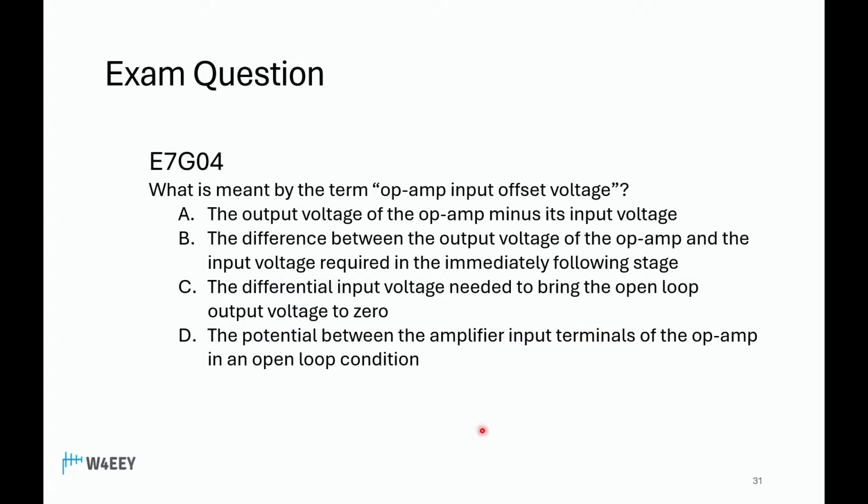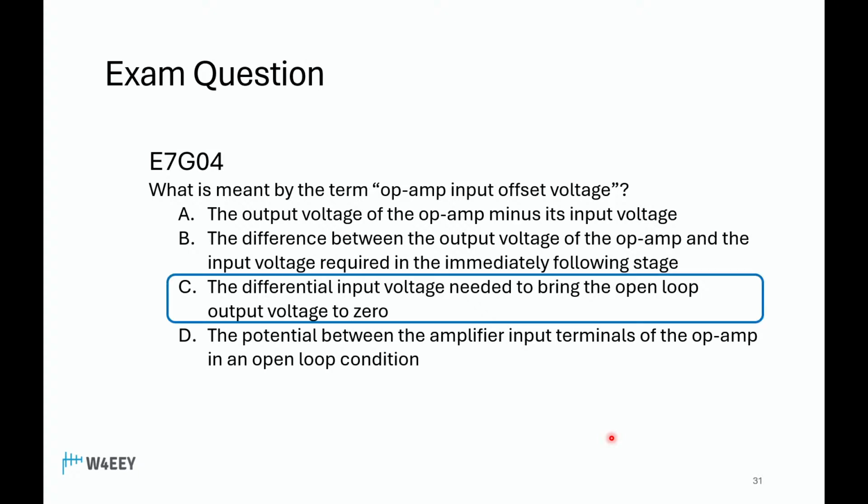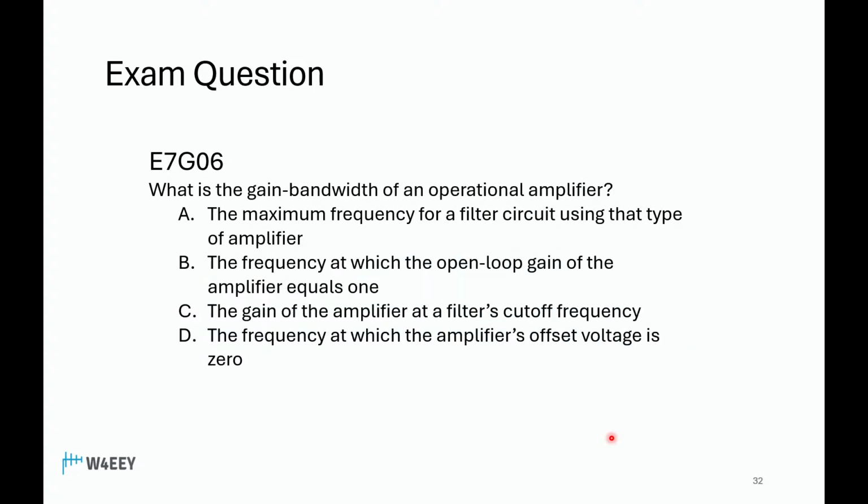Okay, what is meant by the term op amp input offset voltage? You might have to give yourself a minute to read through these. Charlie. It is Charlie. The differential input voltage needed to bring the open loop output voltage to 0. What is the gain bandwidth of an operational amplifier?